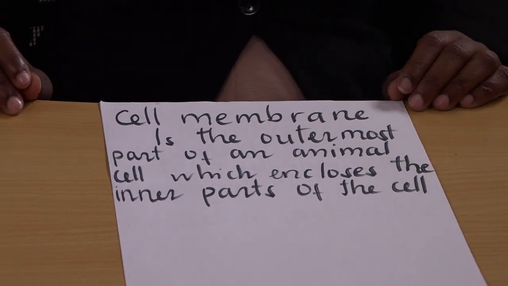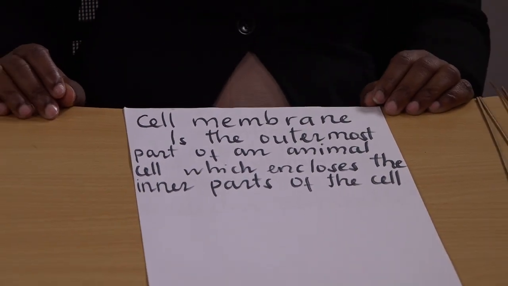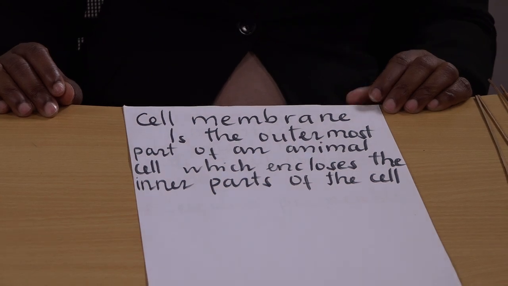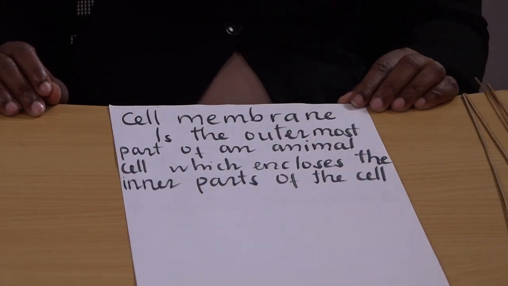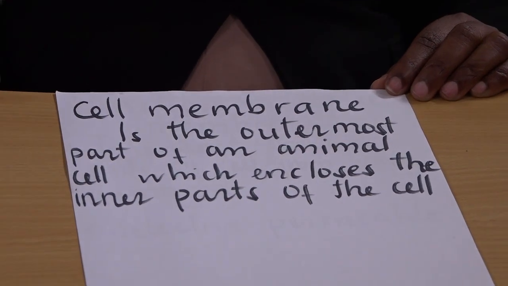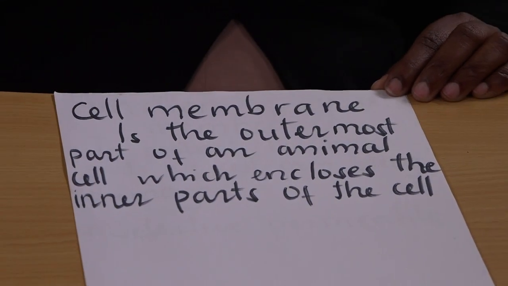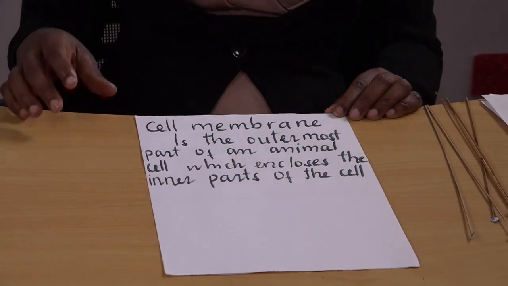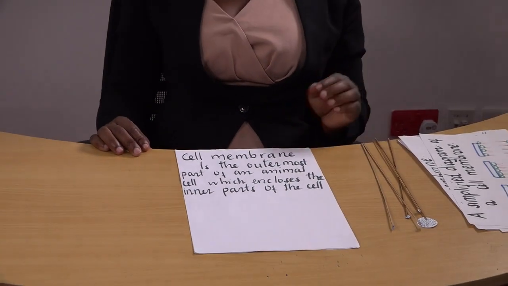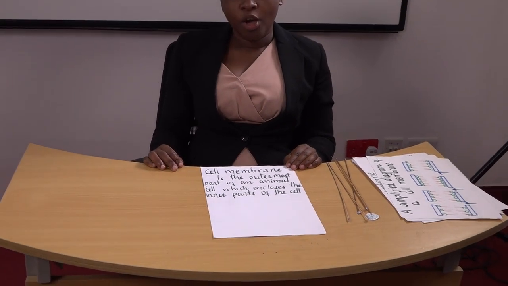With me here is a definition of the cell membrane: it is the outermost part of an animal cell which encloses the inner parts of the cell. Knowing the definition and understanding how it works, we can develop the functions of the cell membrane.